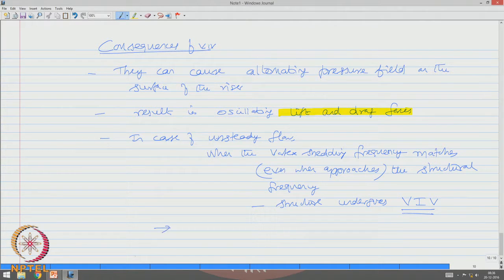So, the serious consequence of VIV is that it will introduce what we call a lock-in phenomenon.